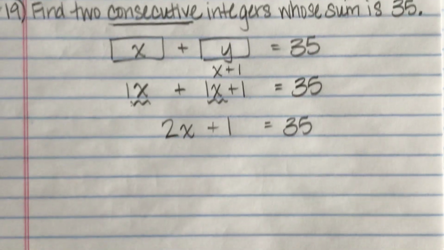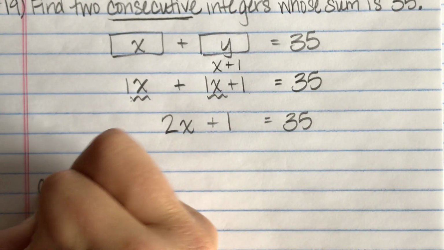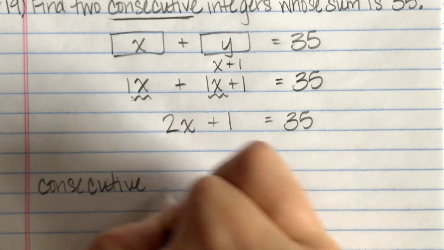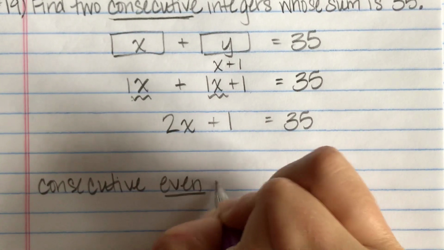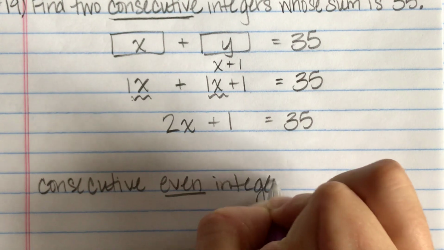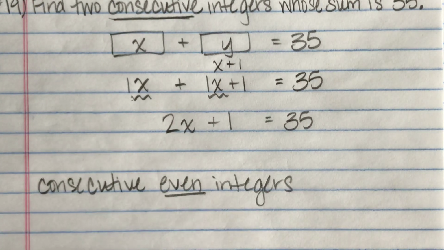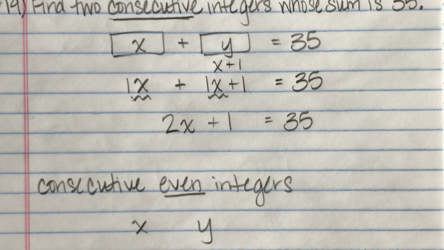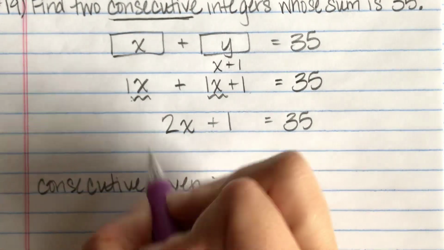If, for example, totally no reason I'm bringing this up, but if we're talking about consecutive even integers, then all of a sudden we're going to say, okay, well, I've got two numbers, x and y. Consecutive even integers, let's think what we're talking about here.